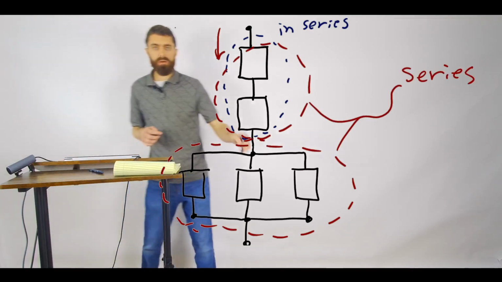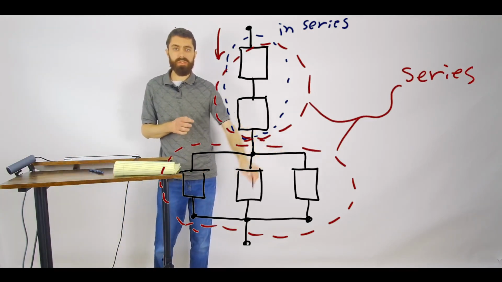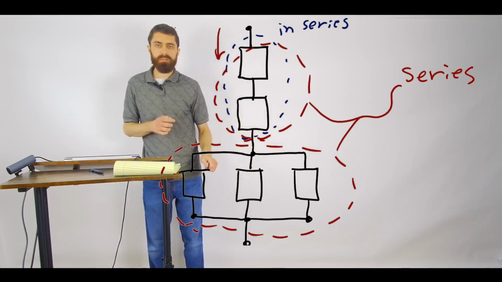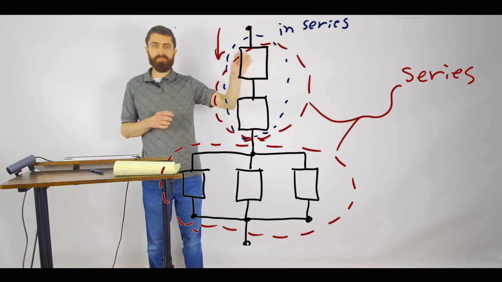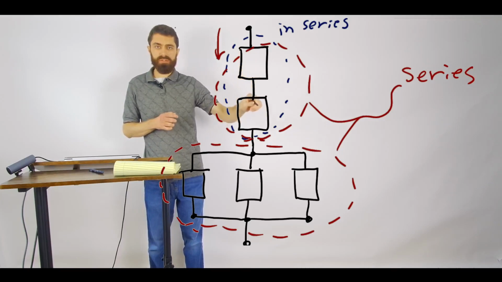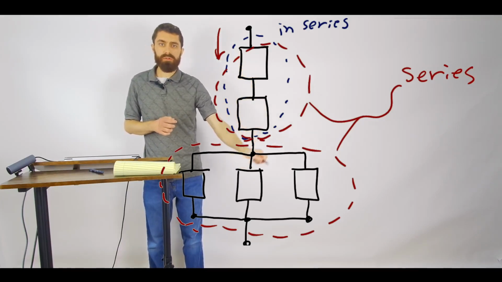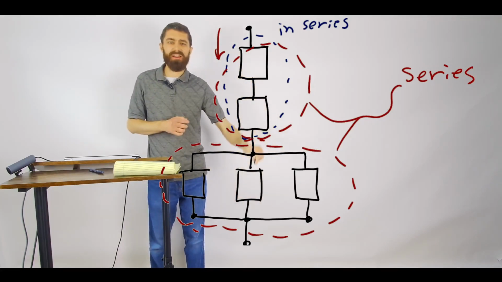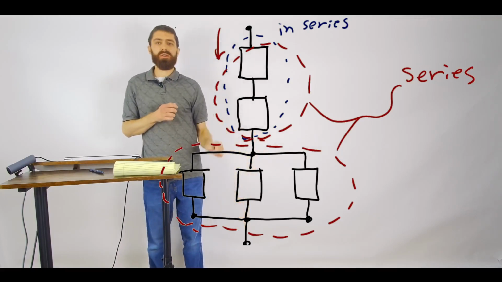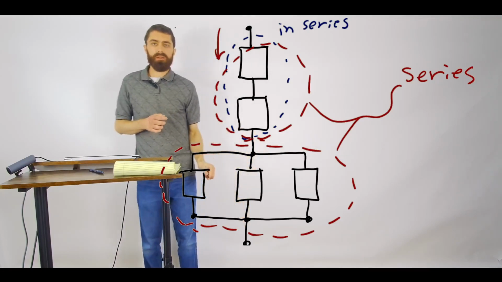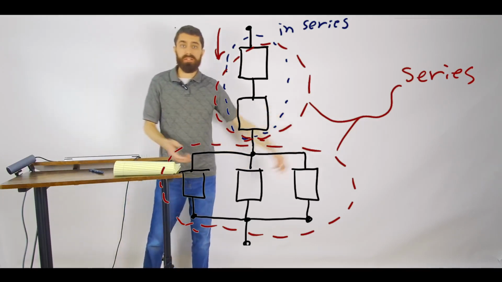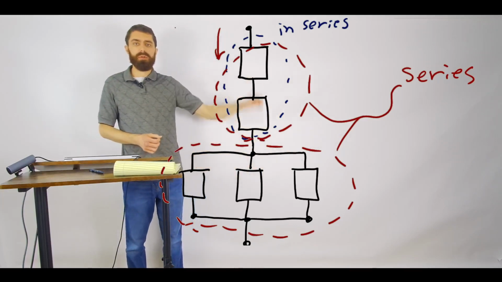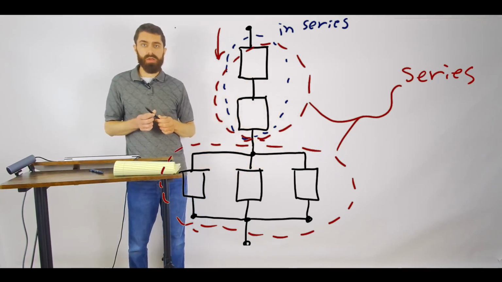If you consider all three of these components together as one big component, basically the current flows through one component, then flows to the next one, same current, and then it flows through this big blob here, and then exits out here. So you can combine things together and view it in that way as well.